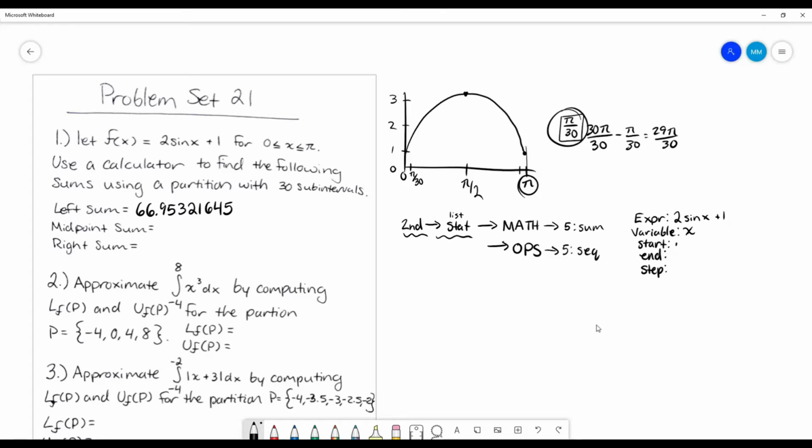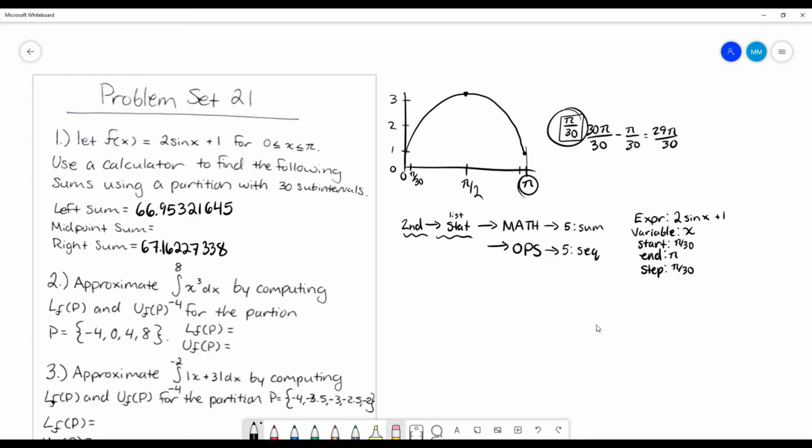Our start is pi over 30, our end is pi, and our step is pi over 30. So remember, second stat, math, sum, second stat, ops, sequence. And then start is pi over 30, end is pi, same step. So that right sum looks something like this.